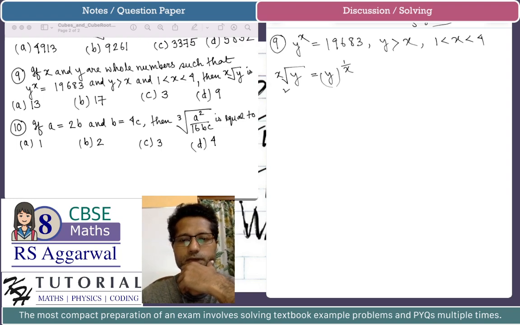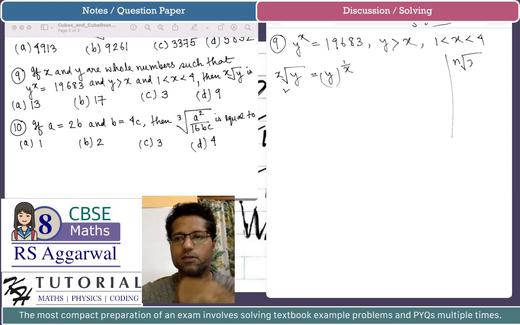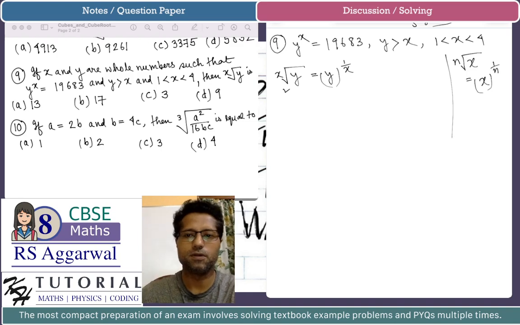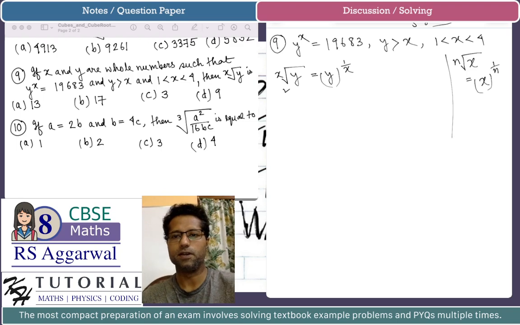We know that nth root of x is nothing but x to the power 1 by n. So x root of y is nothing but y to the power 1 by x. We have to find the value of y to the power 1 by x, where y to the power x is equal to 19683, y is greater than x, and x is between 1 and 4.